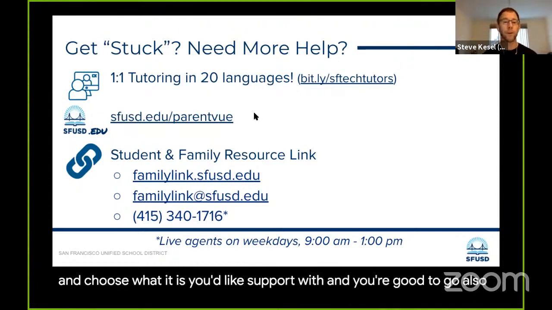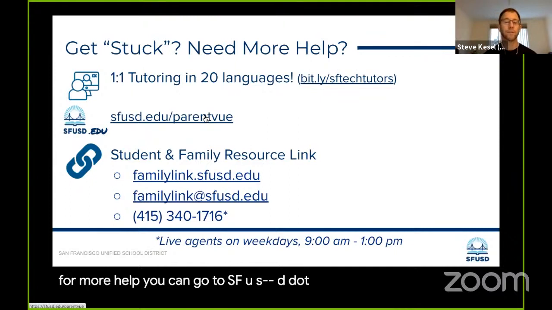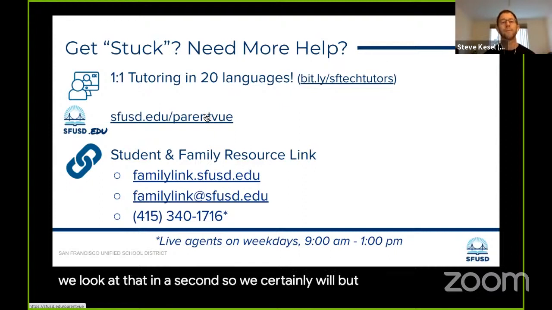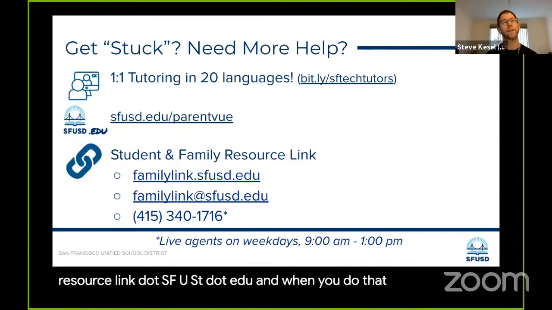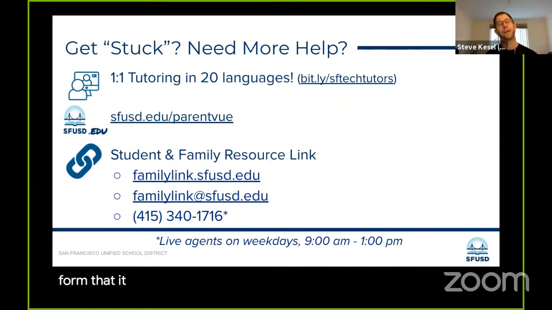Also, for more help, you can go to sfusd.edu/ParentVUE. I told you we'd look at that in a second, so we certainly will. But before we do, I'll mention that we also have live support through the Student and Family Resource link. You can either go to familylink.sfusd.edu, and when you do that, you can fill out a form where you explain exactly what it is you need, and someone will get back to you by email.